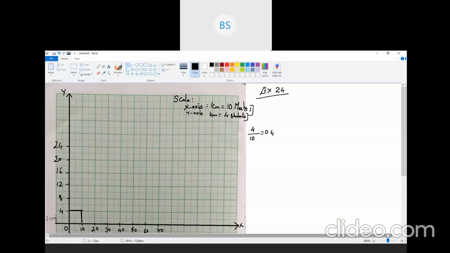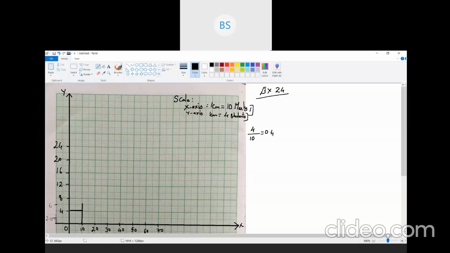Next we have 10 to 20. So 10 to 20 is 7. Now we have to extend the same line till 7. Now as we know, this is 4 and this is 8. So this line is 6.